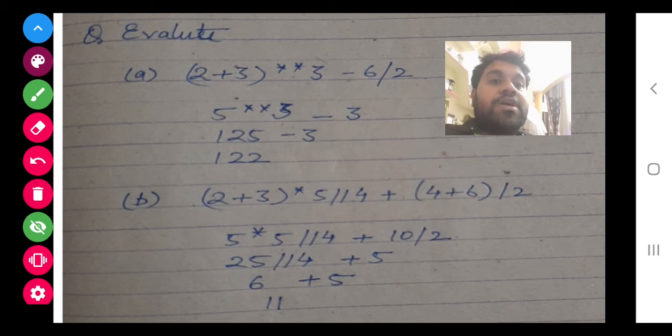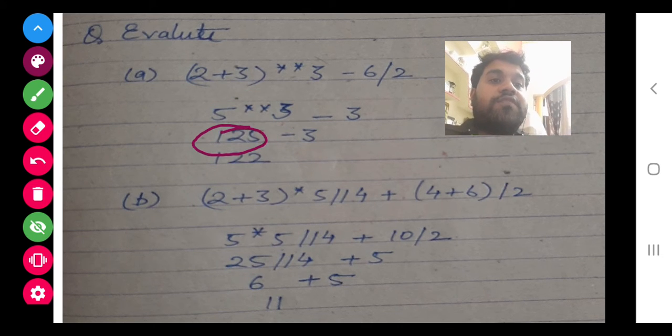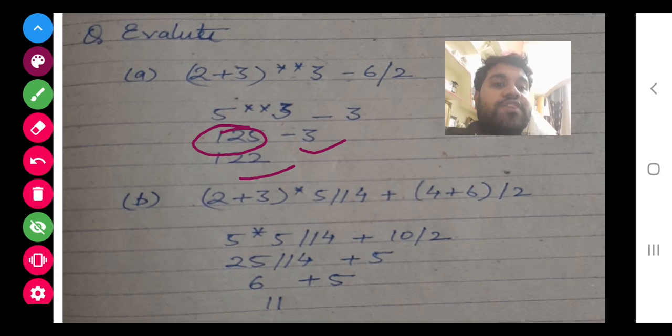After that the preference comes to power. So first of all, power will be solved and it will result in 125, and minus 3 will come as it is, and finally the answer is 122.